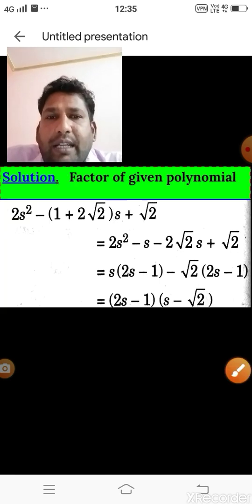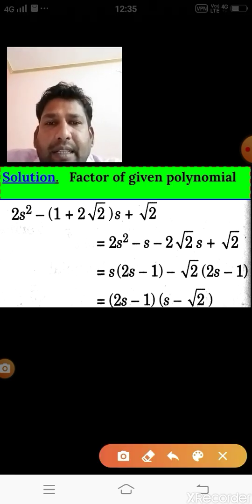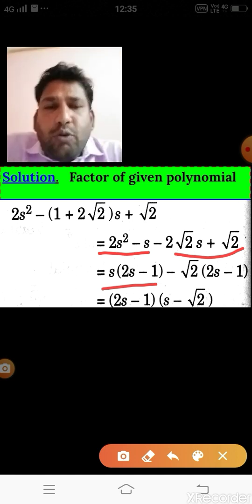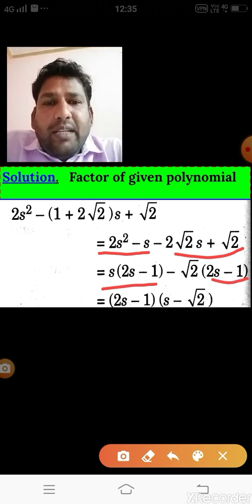First of all we get the factors. On taking common from the first two terms we get s into 2s minus 1, and if you take root 2 common from the last two terms, we get root 2 into 2s minus 1.